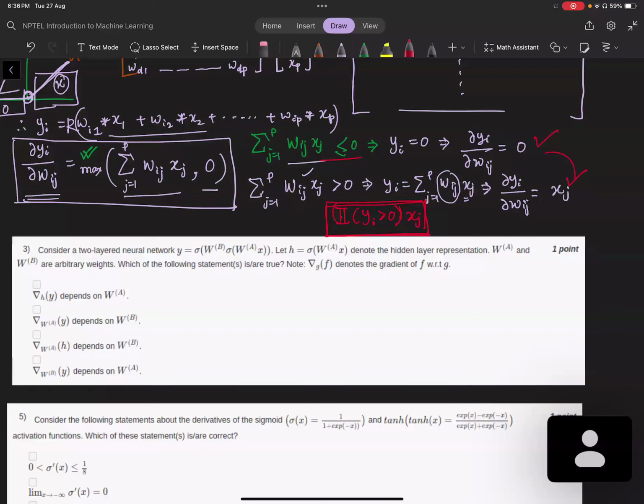You're asking that you have to choose another correct answer. Delta of y with subscript h means we are finding the derivative of y with respect to h, but since they are vectors, it is denoted as gradients.